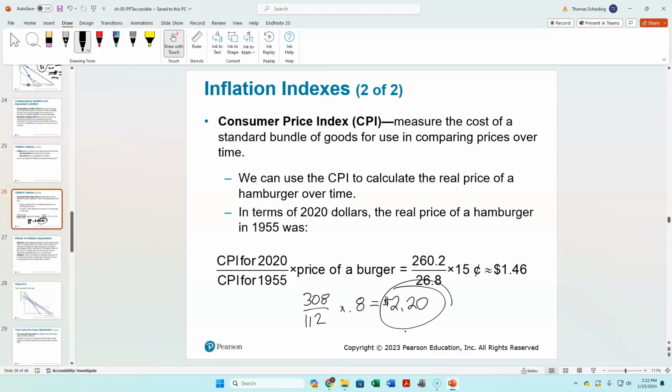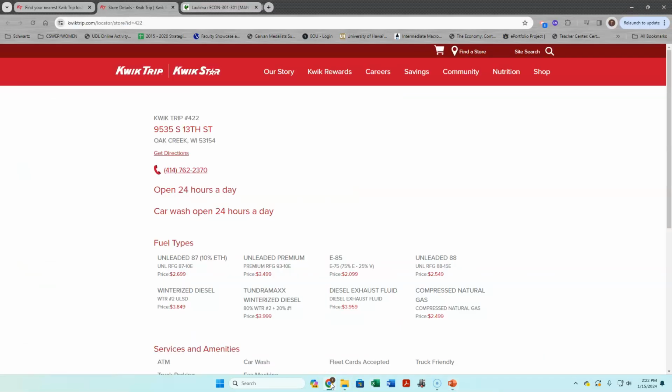So gas is a little more expensive, relatively speaking, but not that much. Gas used to cost 80 cents a gallon, its equivalent today would be about $2.20. But currently gas is about 2.69, so it's about 49 cents greater than the inflation rate. That'd be about 20% more, relatively speaking, over that entire period of time. I don't know, that doesn't sound too bad to me.